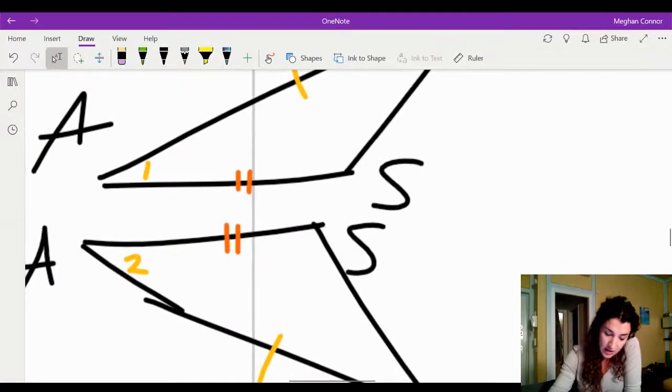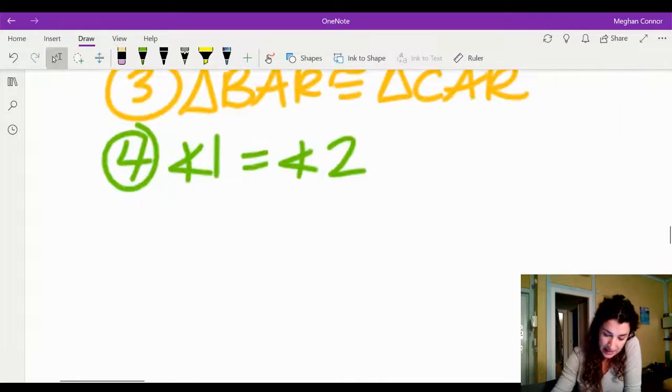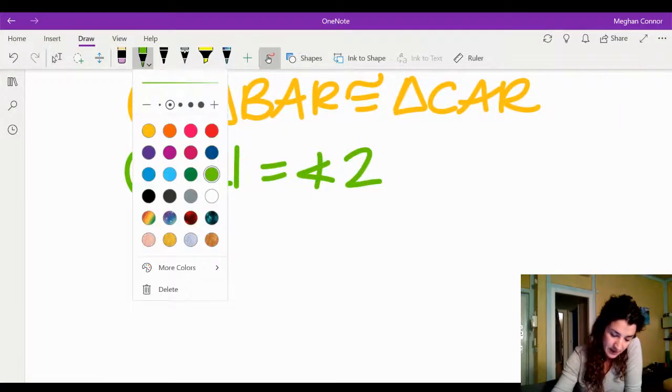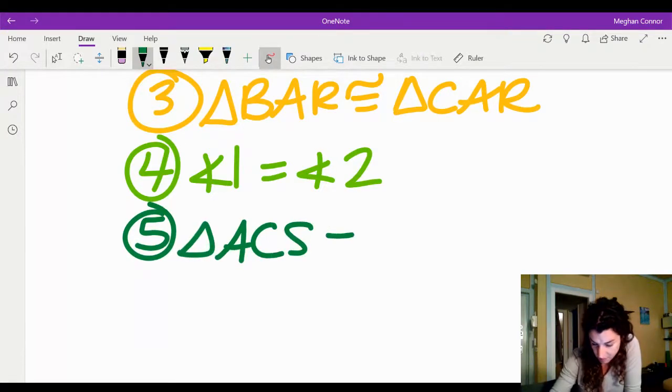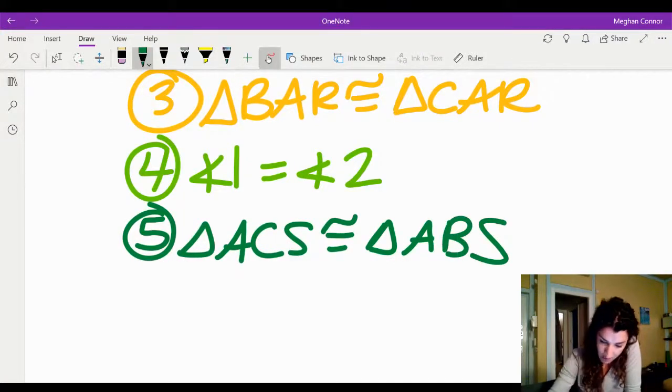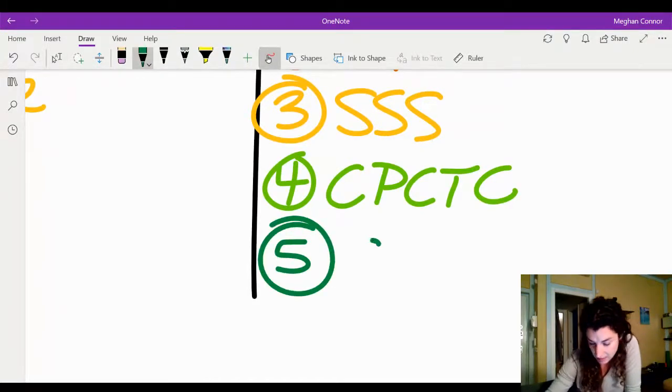Now I've said that those 2 angles are equal. I can then say that the 2 triangles, ABS and ACS, are equal because of side, angle, side.